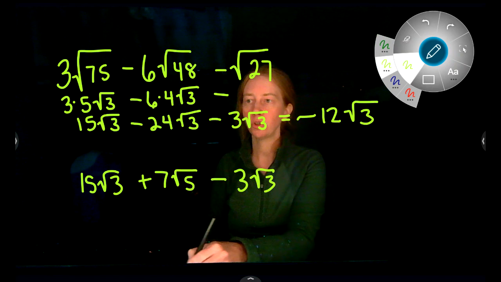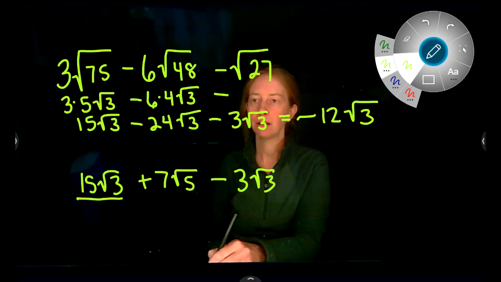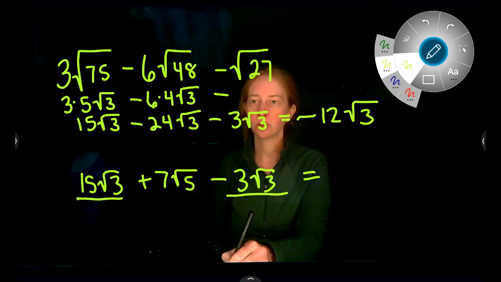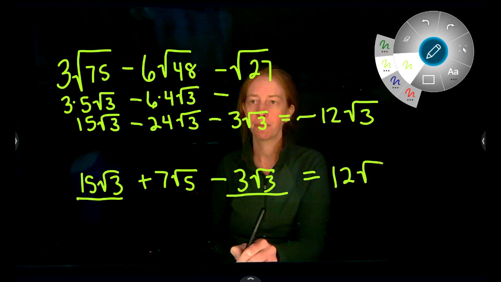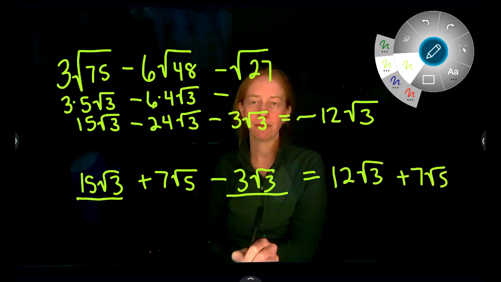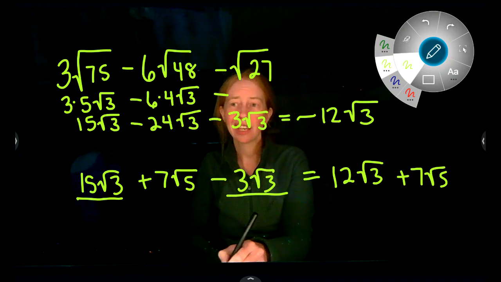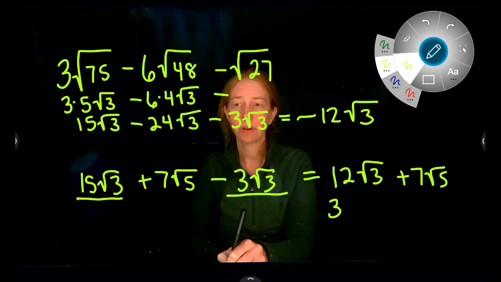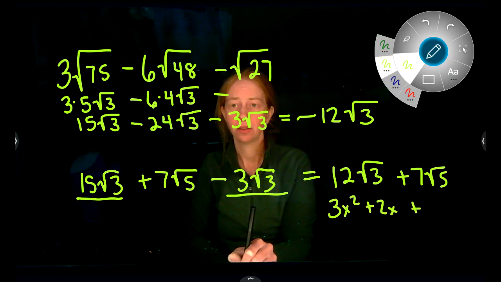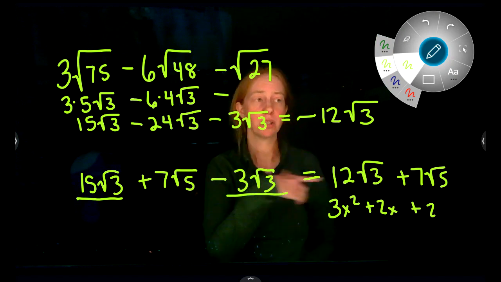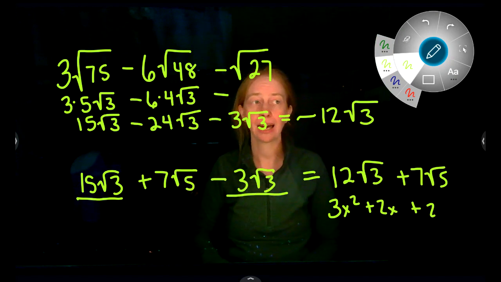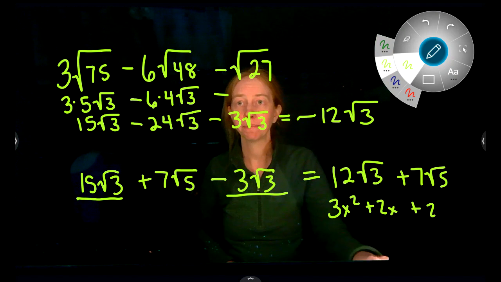So we would do the 15 square root of 3 minus 3 square root of 3, which is 12 square root of 3, and then we would just leave that 7 square root of 5 out here by itself. Those are not like terms, just like if you had something like 3x squared plus 2x plus 2. These aren't like terms, and we just write a string of numbers like that. It's okay. All right, good luck.